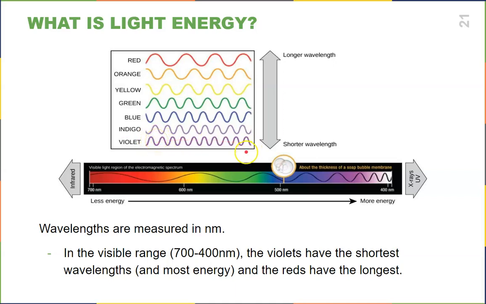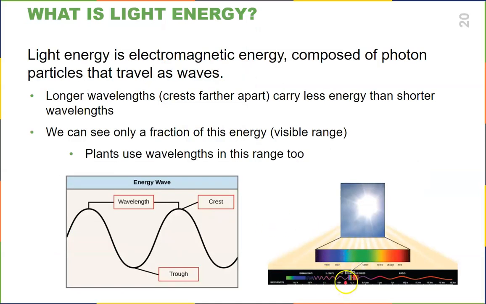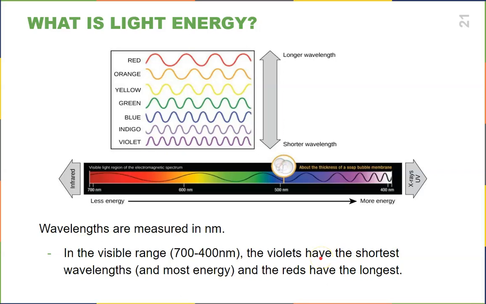So you can think of ultraviolet, which is right here on the other side of violet. So that's going to have shorter wavelengths and more energy. Visible light ranges between 700 and 400 nanometers, and all that means is the wavelength, the actual length of the wave.